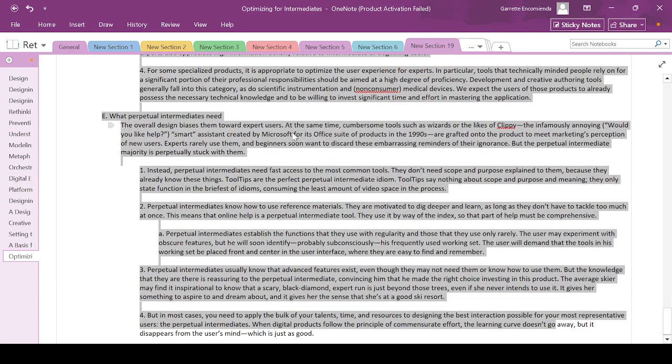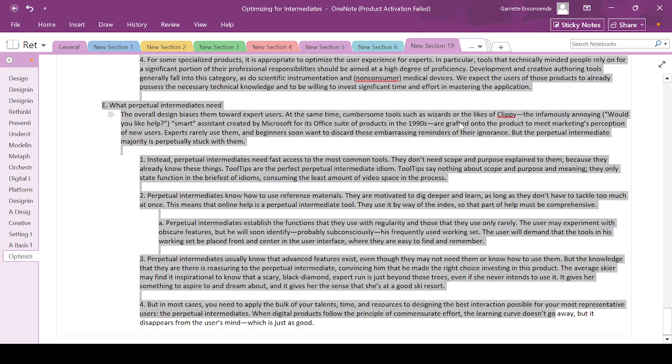For some special products, it is appropriate to optimize the user experience for experts in particular. Tools that technically minded people rely on for a significant portion of their professional responsibilities should be aimed at a high degree of proficiency. Development and creative authoring tools generally fall into this category, such as Word and Adobe, as do scientific instruments and non-consumer medical devices.